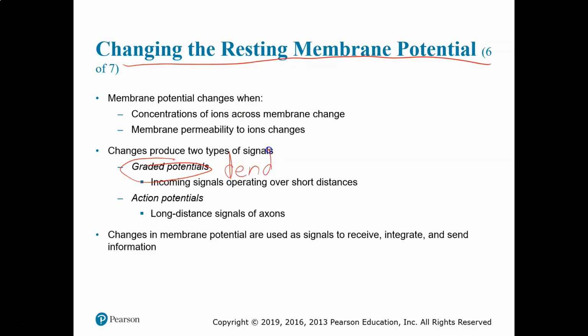These signals can summate, they can add up to produce a larger change in voltage across the plasma membrane.